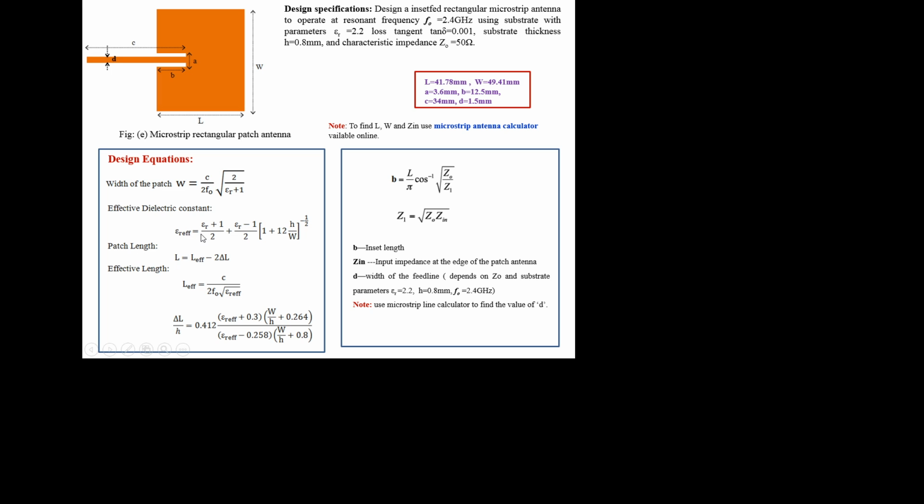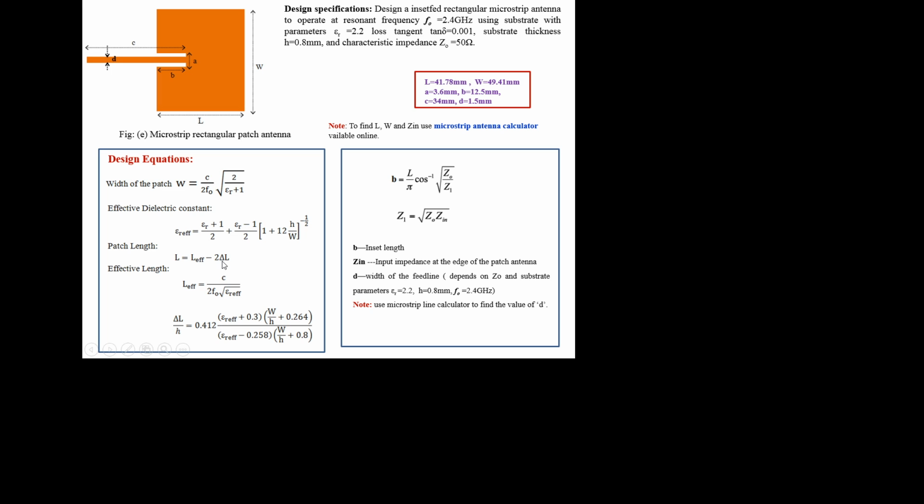From that equation, using the effective permittivity, you can get the length of the patch. We obtain this length using the equation L equals L effective minus 2 delta L. Here L effective is given by C divided by 2 f naught times the square root of the effective permittivity, calculated from here, and c is the velocity of light in free space.